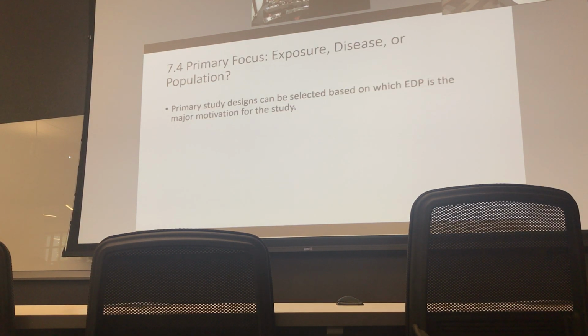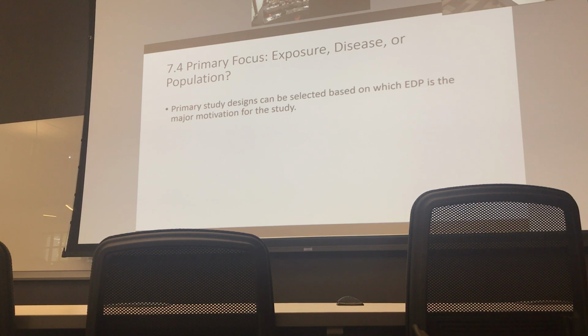Okay, primary studies can be selected based on the exposure, disease, or population motivation for the study. So whenever you see this concept, EDP, it's essentially exposure, disease, or population. If I gave you a quiz question, EDP is short for exposure, disease, or population.